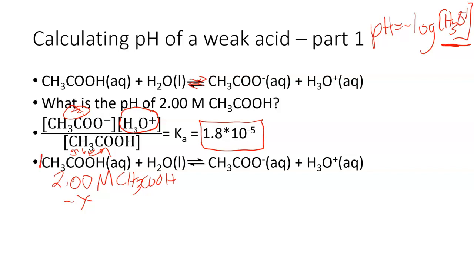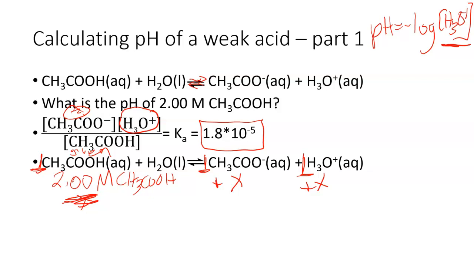Because this has a coefficient of 1, for every one of the acetic acid that reacts, we're going to get one acetate and one hydronium, because those are the coefficients in our balanced equation. So that means we're going to subtract X here, we're going to add X here and here. We're going to assume that X here is very low, so we're not going to worry about it for our calculation.